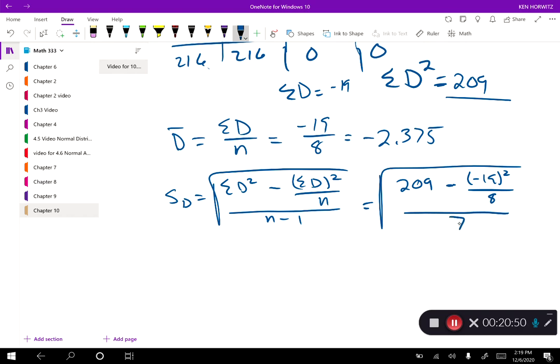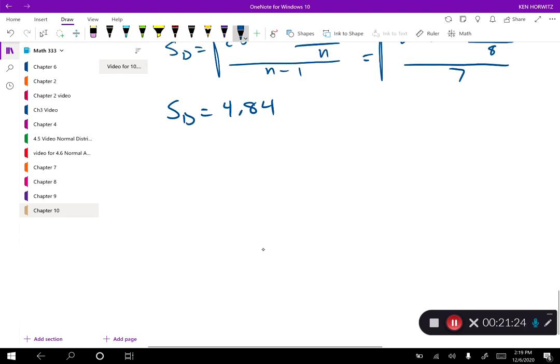I like figuring out these numbers beforehand and simply substituting in, rather than doing them in my head on the fly. So pause the video and work this out to get the standard deviation of your differences. Hopefully you got the same, 4.84. Now we have all the elements we need for our test value, finally.